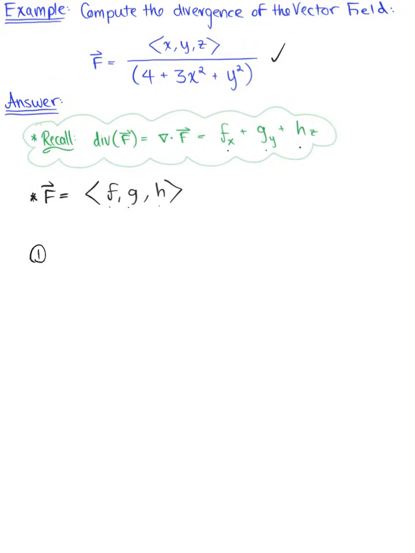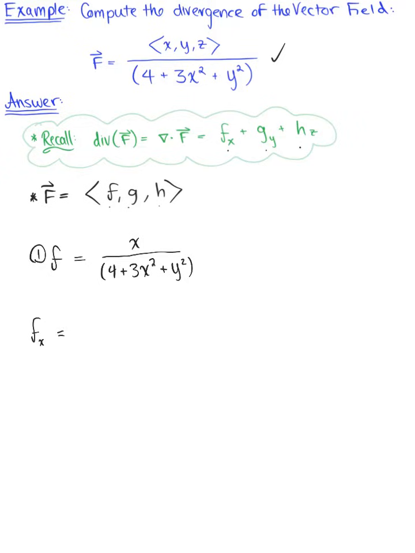So first things first, we have the f component. Our f component here is defined as x all divided by 4 plus 3x squared plus y squared. So here we want to take the partial derivative of f with respect to x, and you can either do this using a quotient rule, which I'm going to do here, or you could use a product rule.